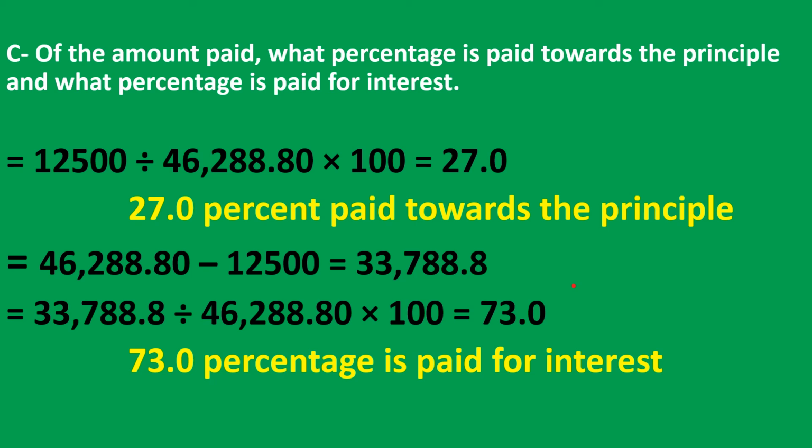We're gonna divide that by the total amount that we paid, 46,288.80, and multiply by 100. The answer is 73.0%. So this is the answer for the C part.